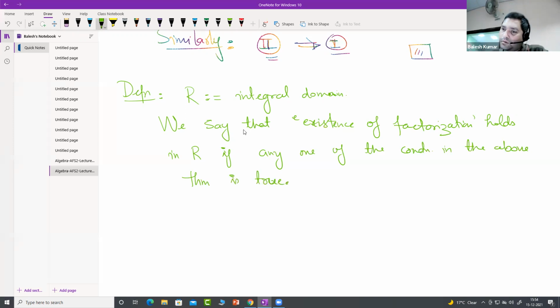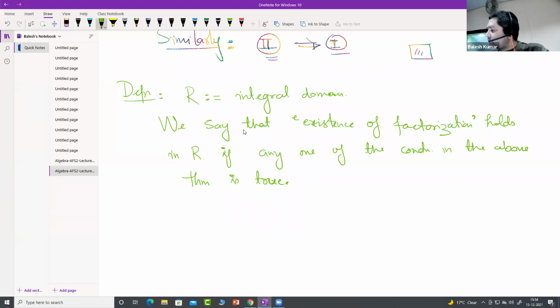This is the meaning of the existence of factorization, and since both are equivalent, one condition will be sufficient to say the other. This is the terminology we have just introduced: an integral domain has a factorization if it does not contain an infinite chain of ideals, or the first condition as well.